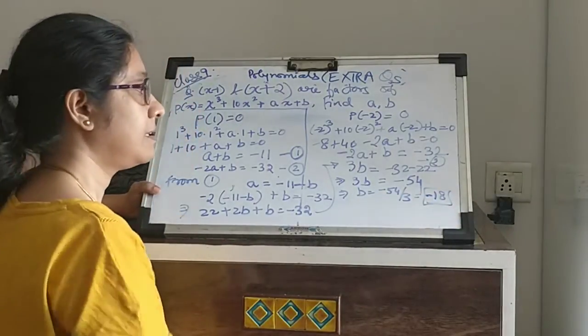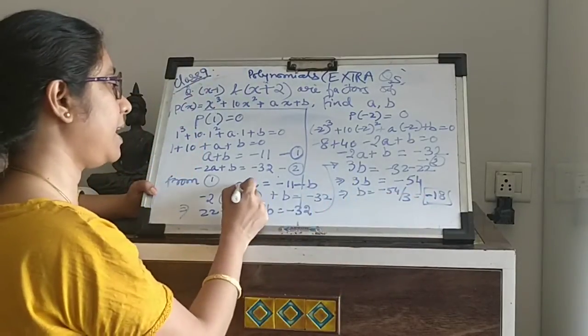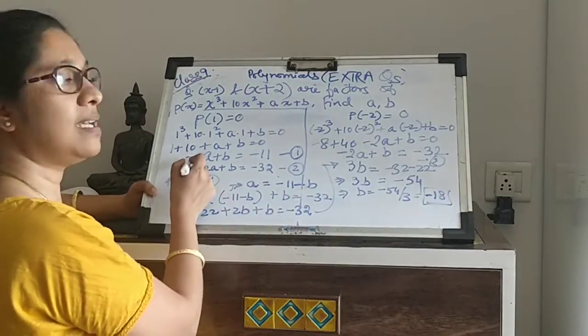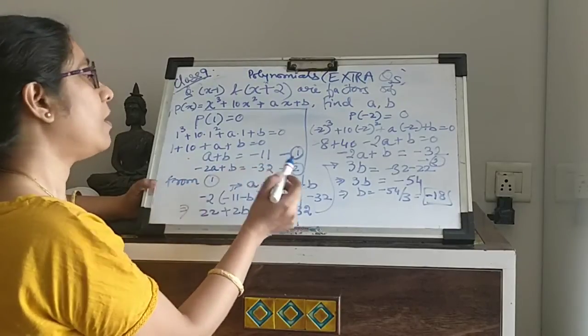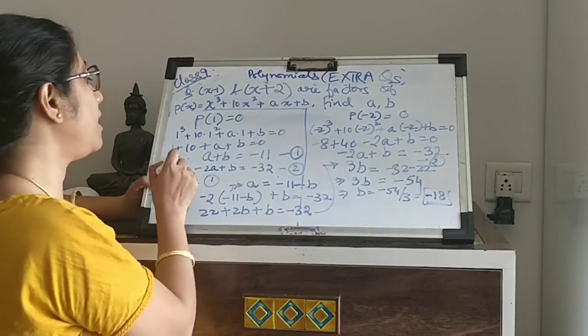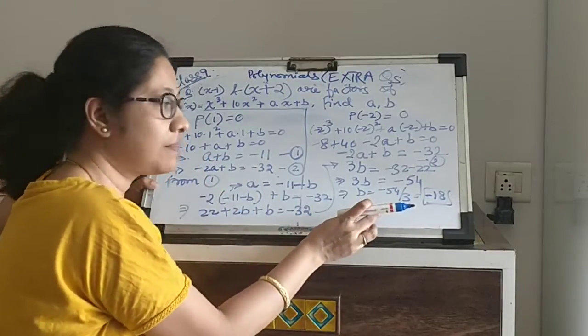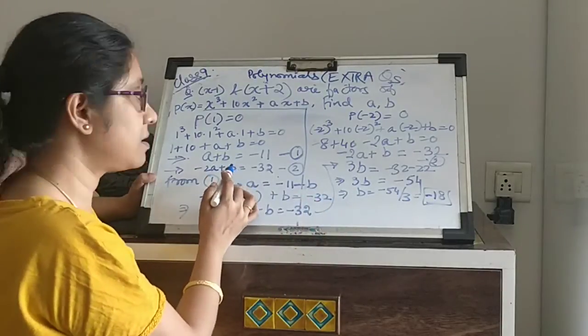Okay. Now that we've got the value of b, we simply put it back in either of these equations, wherever a plus b is minus 11, and simply get the value of a. For simplicity, I don't want to do a lot of calculation.